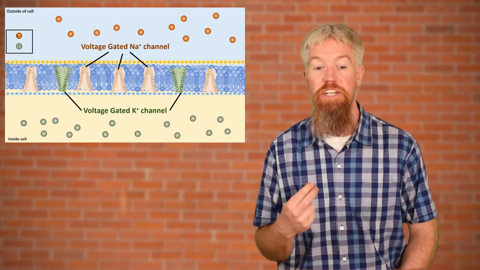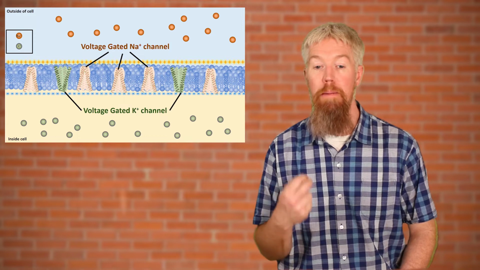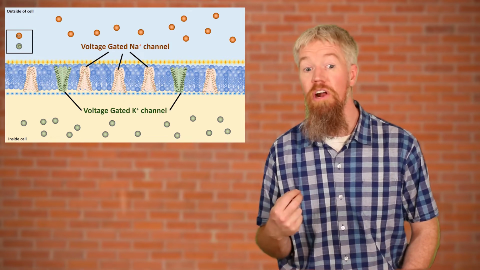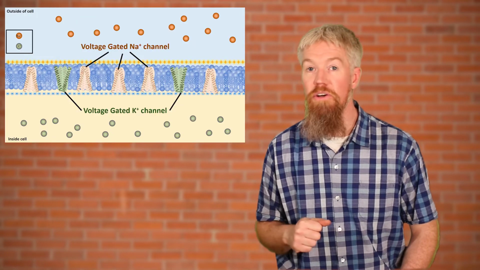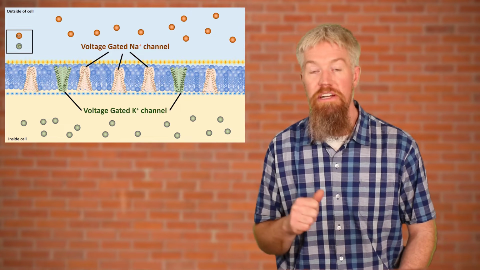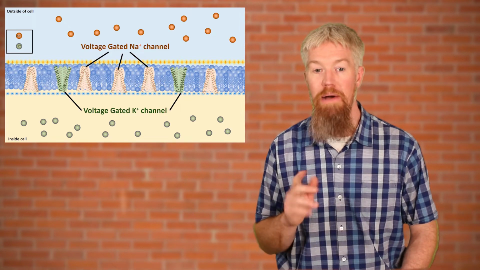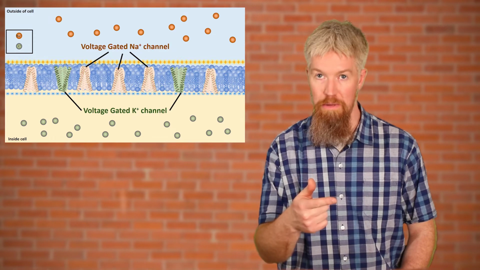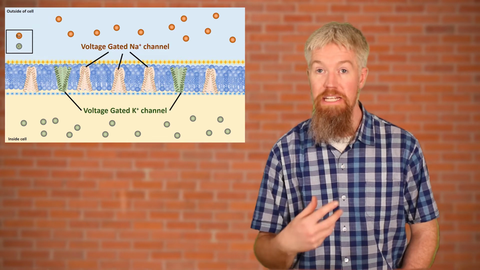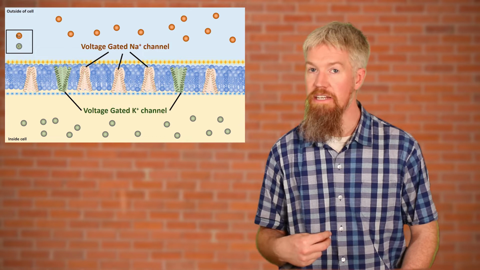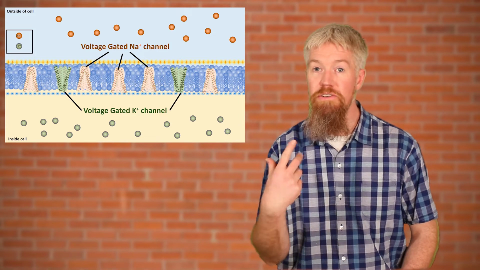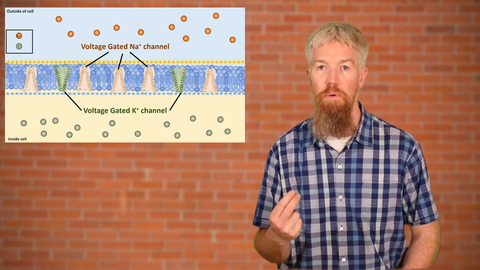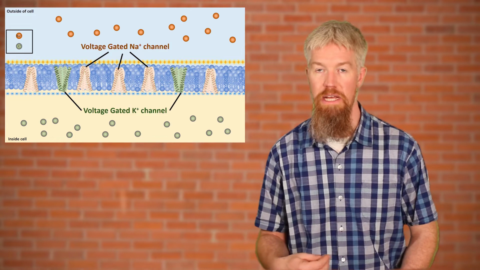The threshold potential is the specific membrane potential that, when crossed, causes voltage-gated ion channels to open. For sodium voltage-gated channels, their threshold potential is minus 55 millivolts, which is the point at which they open. For potassium channels, they tend to vary, but tend to open up at some point during the action potential.